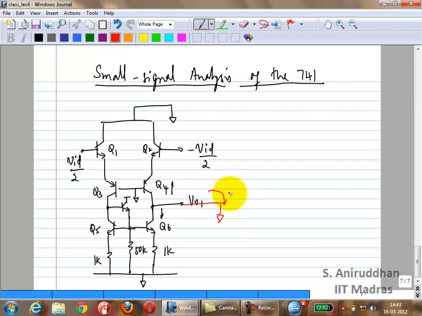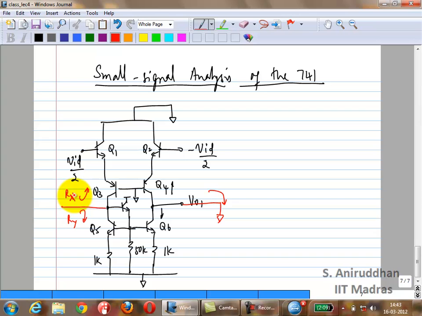Now we'll also assume, let us say here, I'm going to call this Rx and Ry. What is Ry with respect to Rx?